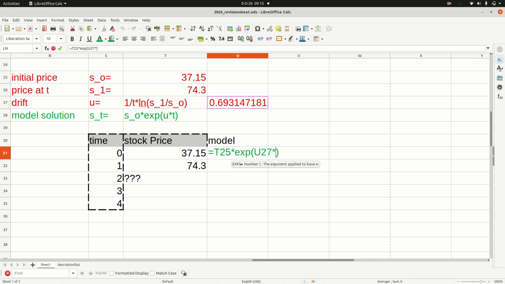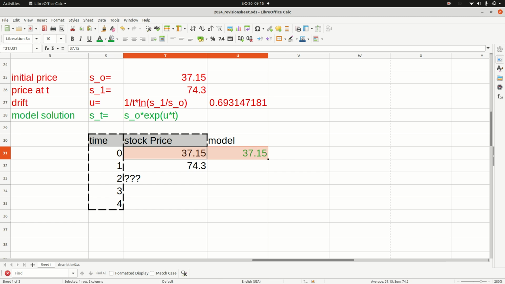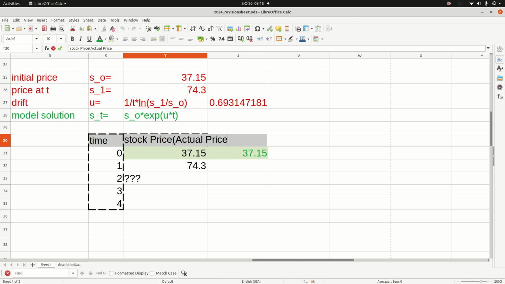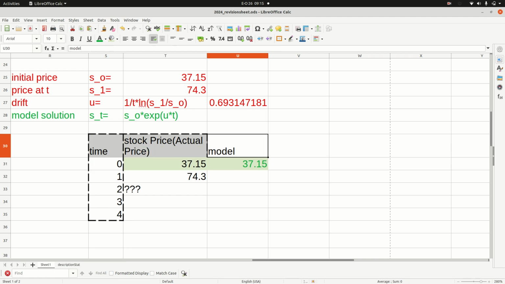I don't want to type 0, so I pick the cells. Enter. Realize I get the same answer as what I'm expecting. If you don't get this, it means your model is wrong, or it should be as close as possible to the actual price. So this is the actual price, and this is the predicted price. The model gives me the predicted price.